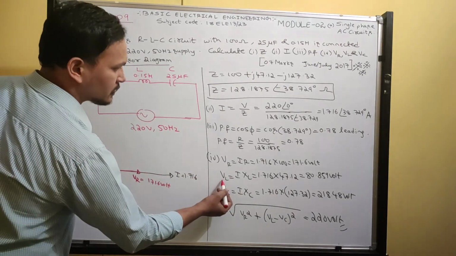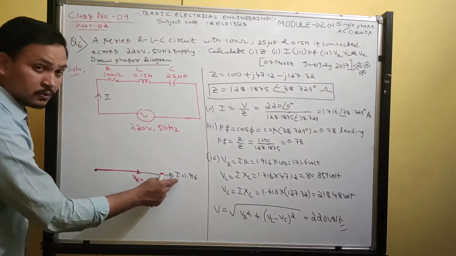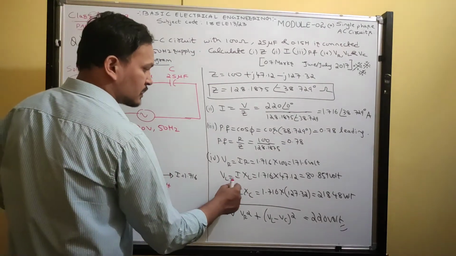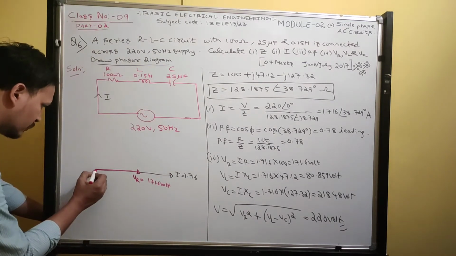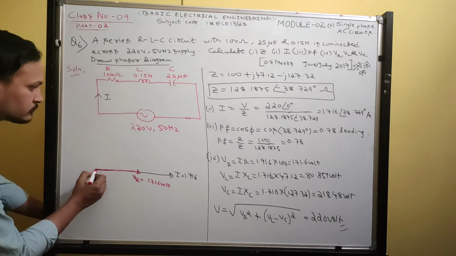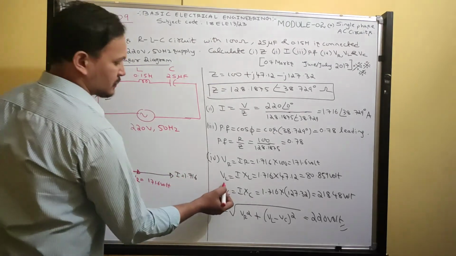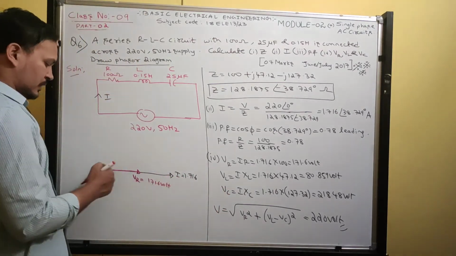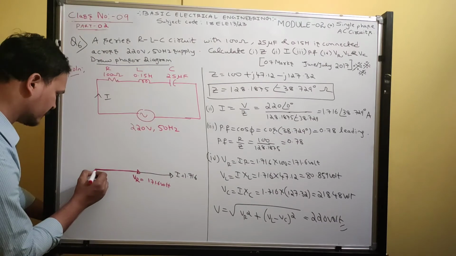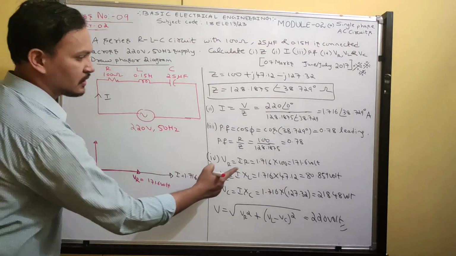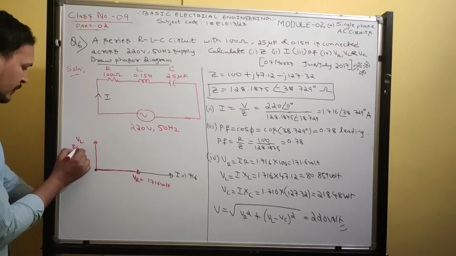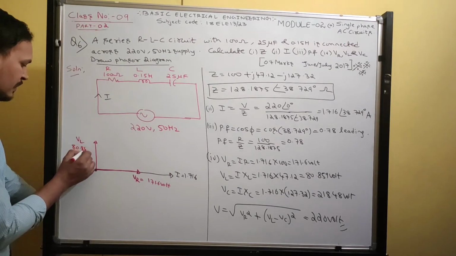Next, what is voltage across inductor? With respect to current, voltage across inductor leads the current by 90 degree. The reference is current now. So you write voltage across inductor here. What is the voltage across inductor value? 80.859.